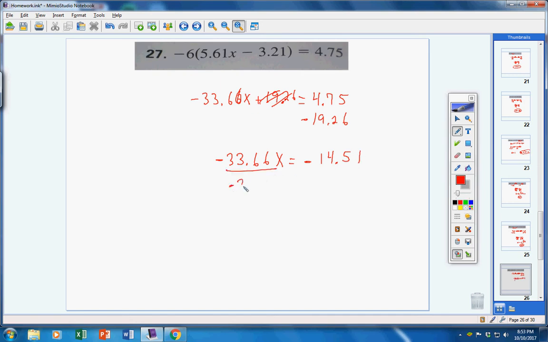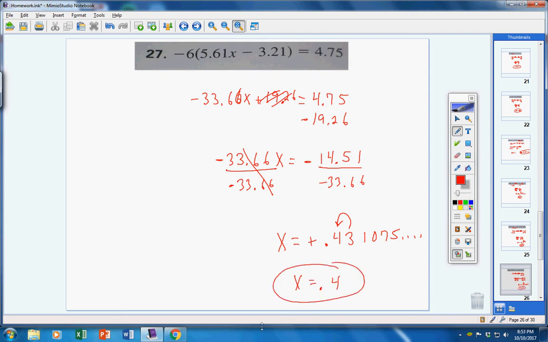Now, divide both sides by negative 33.66. Cancel here. And let's see. Negative divided by negative is positive. 14.51 divided by 33.66 is 0.43175. On and on. This 3 tells you to leave the 4 alone, so the answer is 0.4.